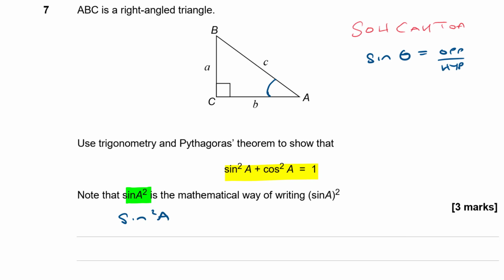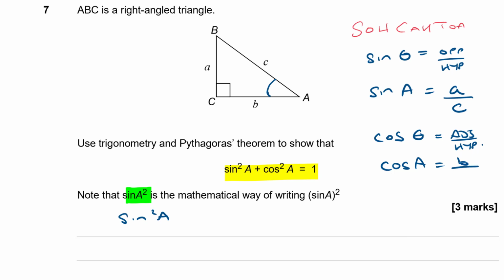And in this particular triangle, the sine of A is equal to the opposite, which is side A, divided by the hypotenuse, which is side C. And we know that the cosine of an angle is equal to the adjacent over the hypotenuse. So in this triangle, cos A is equal to the adjacent, which is side B, divided by the hypotenuse, which is side C.